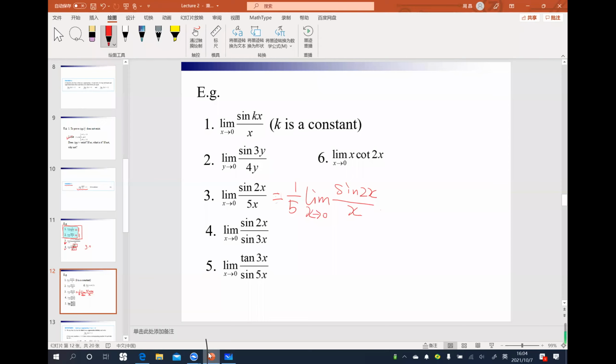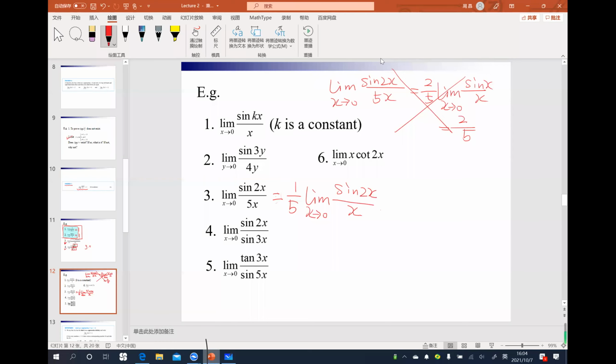I must say it again: if you write sine 2x by 5x, x approaches 0, equals 2 by 5 times the limit as x approaches 0 of sine x by x, equals 2 by 5, this is totally wrong.